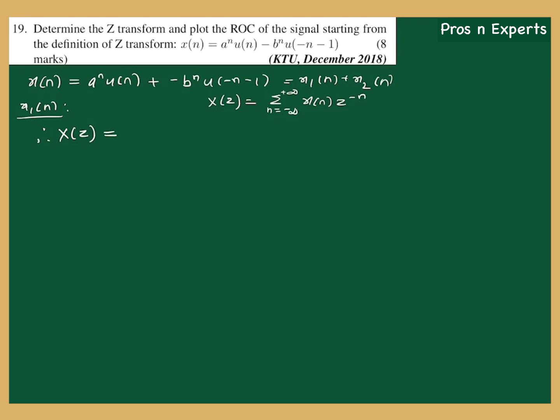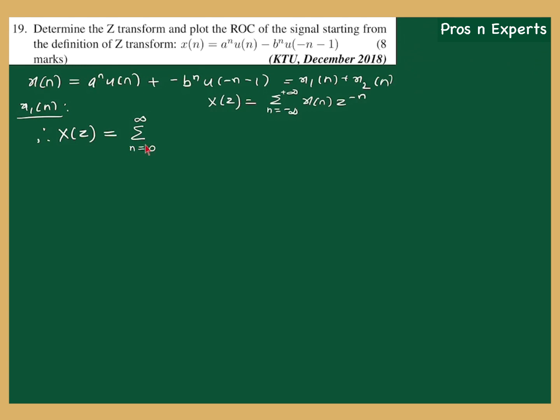Alright, so in the case of x1 of n equal to a raised to n u of n, the summation need not be from minus infinity to plus infinity, but it can only be from 0 to infinity, because in the signal there is a u of n being multiplied with a raised to n, so it truncates all the values on the negative n side.